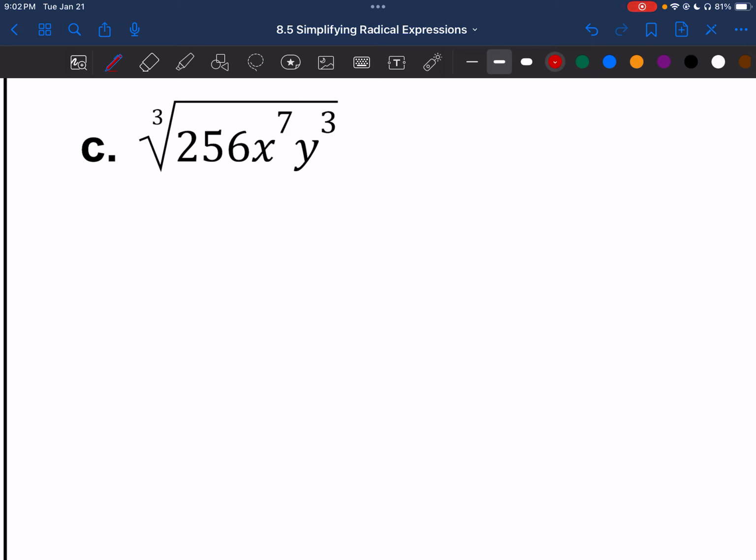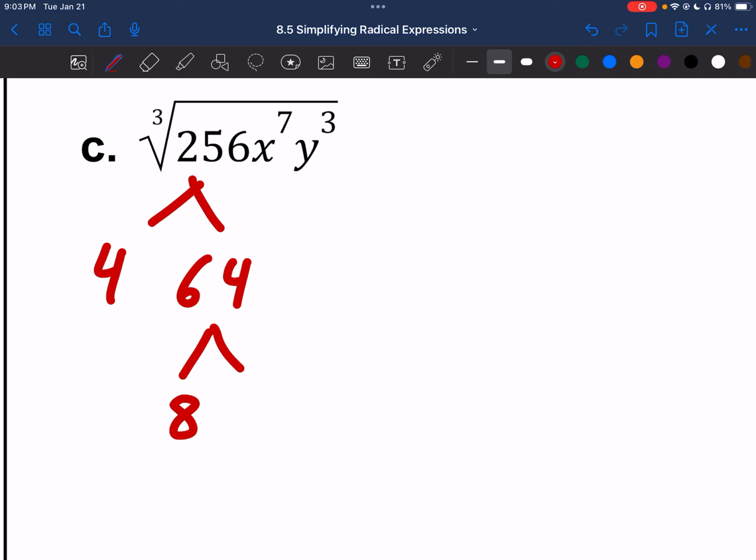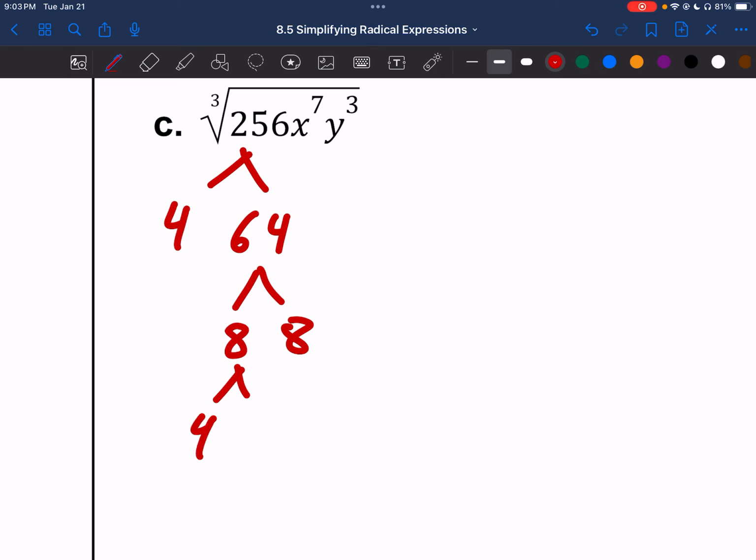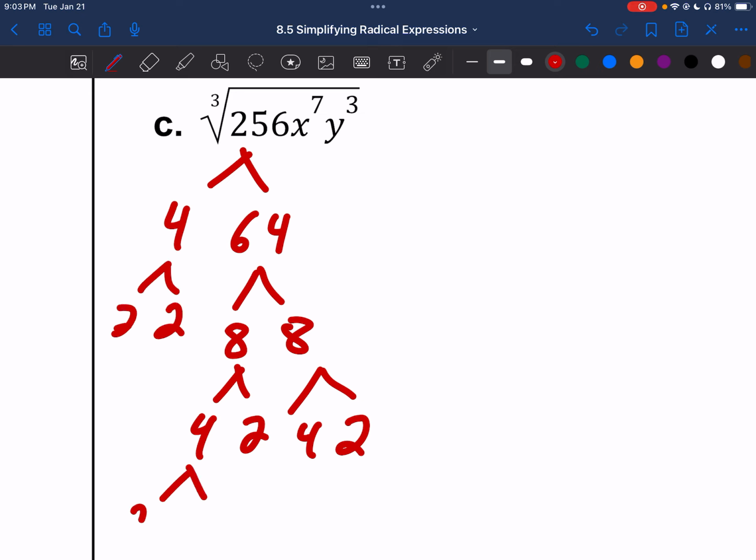Letter C, 256. That breaks down into, let's see, we have 4 and we have 64. 64 is 8 times 8. 8 times 8 is 4 times 2. Okay, and I think I'm good there, but hey, let's go everything to prime. So I have all my prime factors.